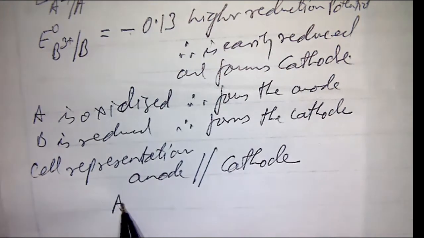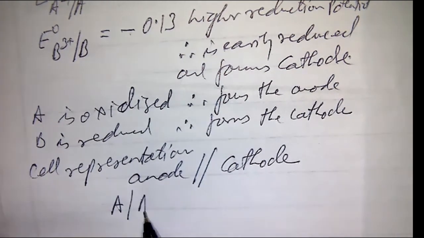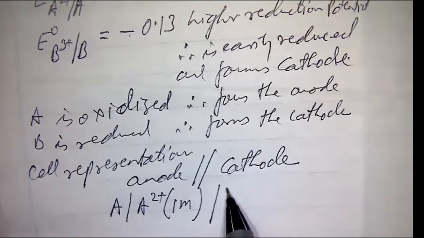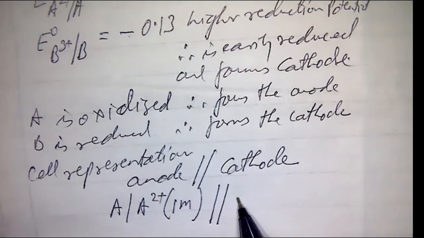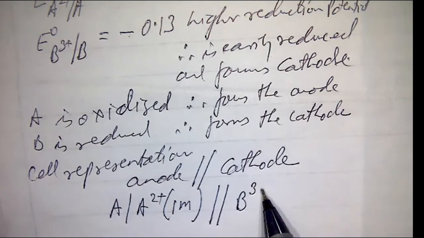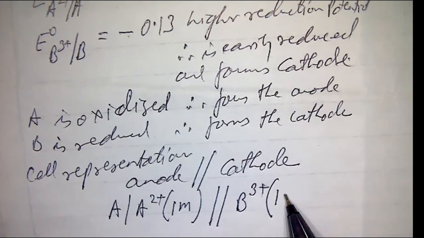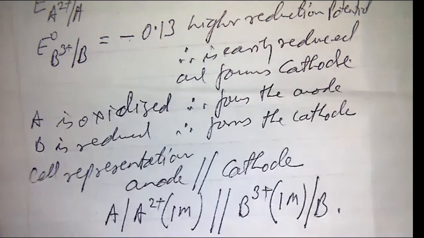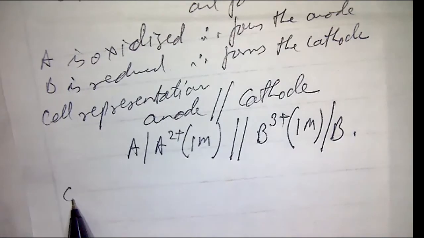So A slash A2 plus 1 molar, and B will be B3 plus 1 molar slash B. So you got the cell representation.